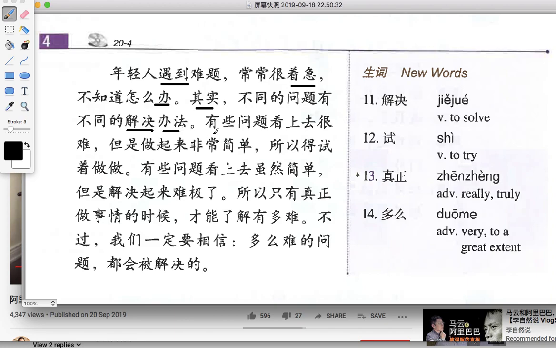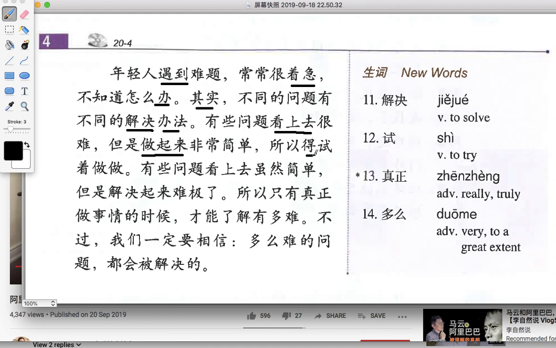有些问题看上去很难, looks like. 上去, right? Again the outcome of looking, 看起来, same thing. 很难但是做起来, but to do, right, 做起来, when you start doing it, or the outcome of do, 非常简单, simple or easy. 所以, that's not 所以 anymore, that's 得.